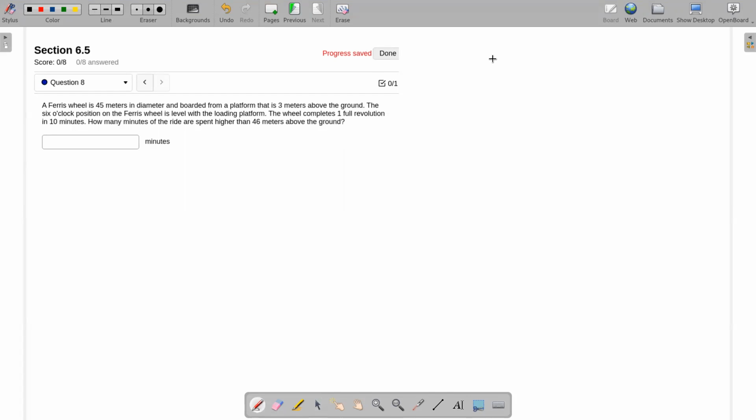All right, so let's draw my best circle here for the Ferris wheel. There's my Ferris wheel. And to get on the bottom here, that's 3 meters above the ground. So the distance from here to there, that's the diameter. That is 45 meters. And then off the ground here, we are 3 meters.